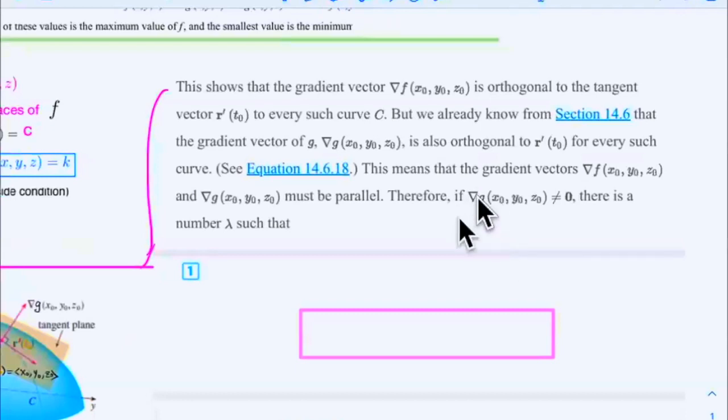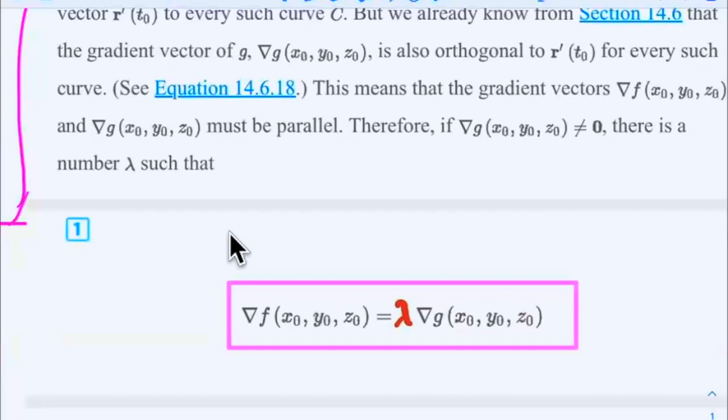Okay, so if the gradient of g is not zero, okay, then what happens? We're going to have a number lambda. Think about the lambda here like a constant, a scalar, okay, such that the gradient of f is equal to lambda times gradient of g. Okay, and that's the important thing to remember. That's the key idea.